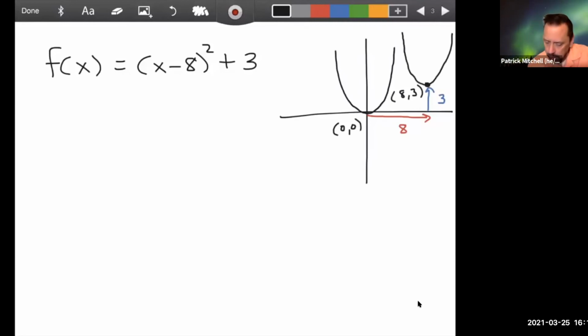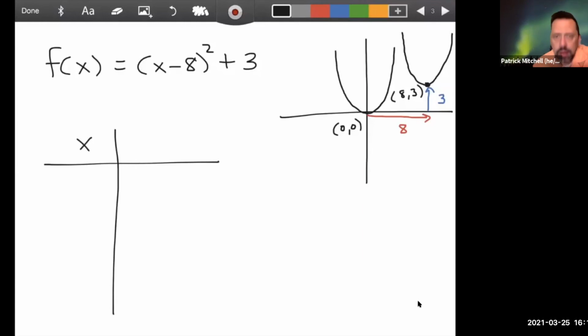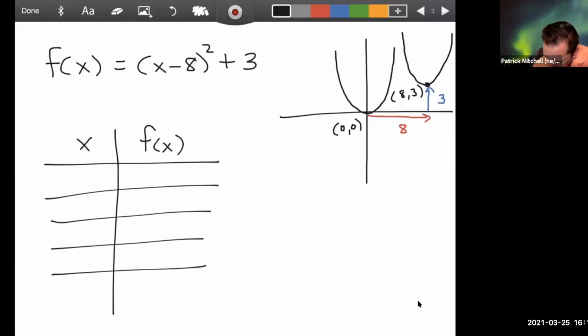All right. So to get the particular points on my parabola, remember I like you to do the whole thing on paper first and then put it on the computer. I'm going to make my table. And you know what? This time I'm going to take my own advice. I'm always thinking about plotting 5 points, but I'm going to use the symmetry this time to get 2 of them.